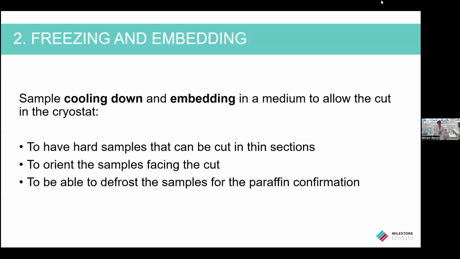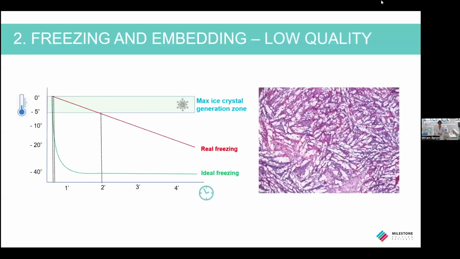The freezing is the most critical part of the frozen section procedure because it determines if the morphology is maintained or not. In fact, the main problem during the freezing of a sample is the formation of ice crystals that lowers the quality.